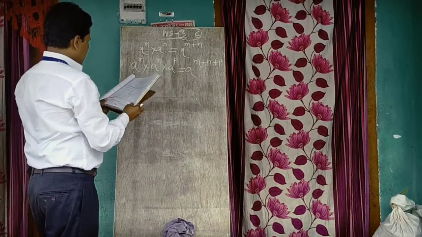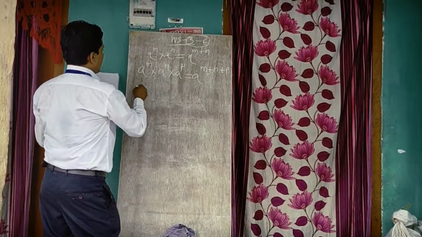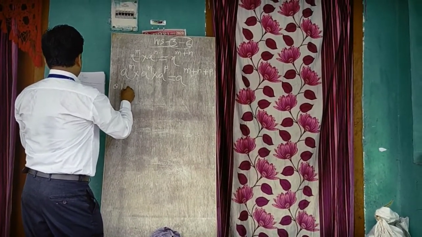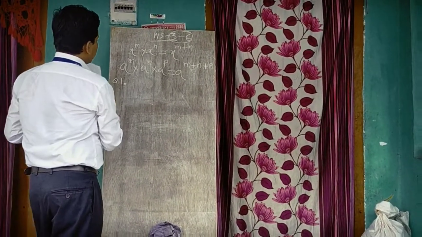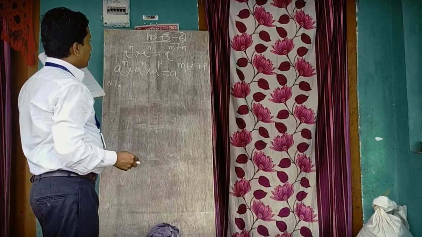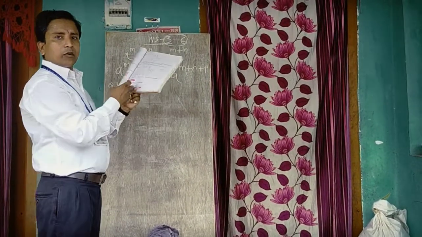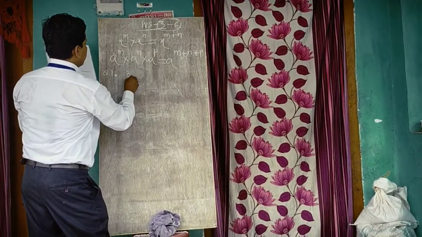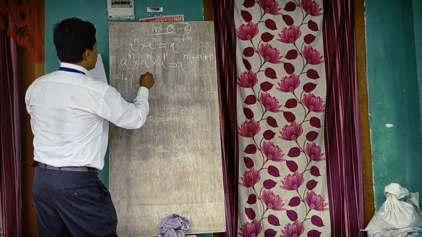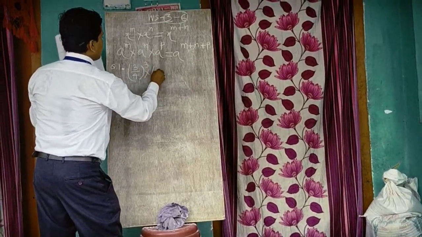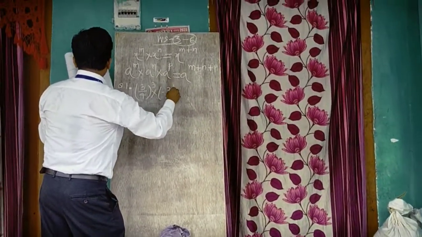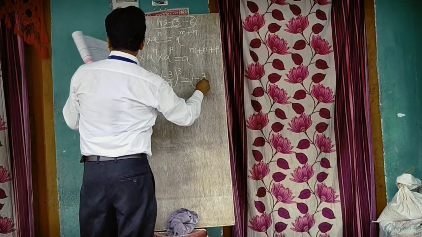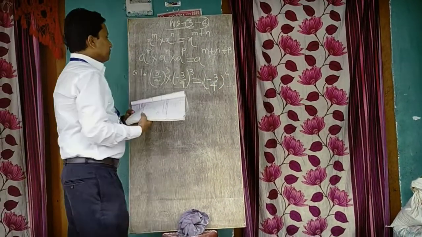Now, question number 1. Question number 1 asks which of the following statements are true. The first is (3/4) to the power 3 into (-3/4) to the power 3 equal to (-3/4) to the power 6.